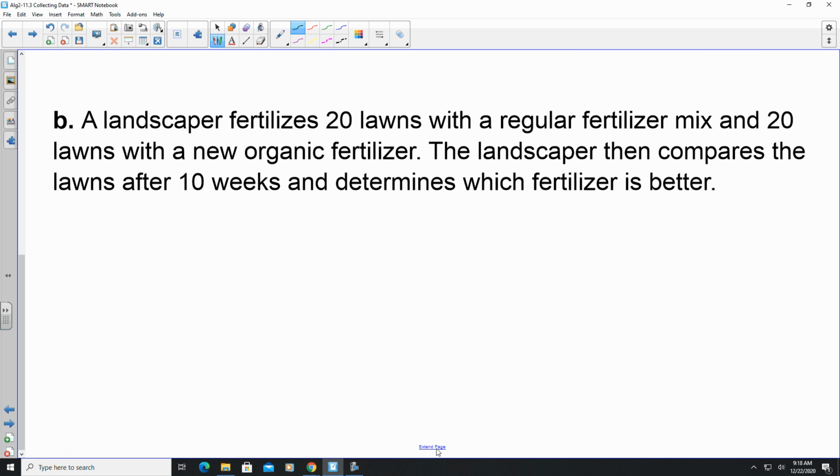Here it says a landscaper fertilizes 20 lawns with a regular fertilizer mix and 20 lawns with a new organic fertilizer. The landscaper then compares the lawns after 10 weeks and determines which fertilizer is better. This is an example of an experiment.